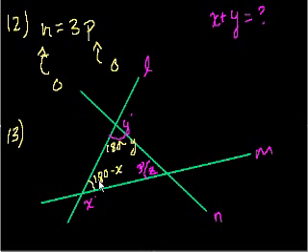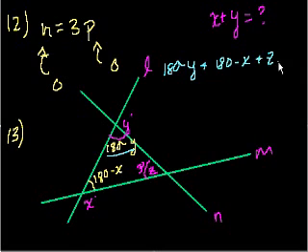And we know this angle plus z is equal to 180. So let's write that down. This angle, 180 minus y, plus this angle, 180 minus x, plus z is equal to 180, because they're all in the same triangle.